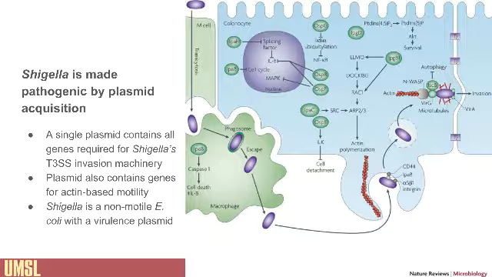In doing so, in every cell they enter, they lyse the vacuolar membrane and induce pyroptosis, and just keep moving through cell after cell after cell. Every cell that they enter undergoes programmed death.